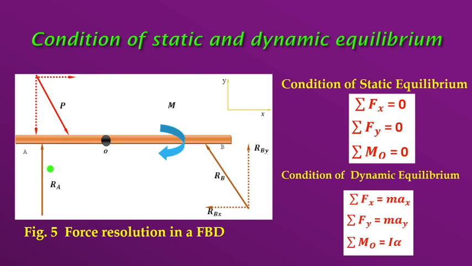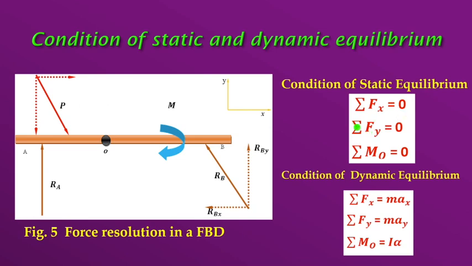Now, add all horizontal components, these RBx and Px. The summation of these two components must be 0. Again, summation of Y component is also 0. Why? Because it is static. Means there is no x directional movement, neither y directional movement.